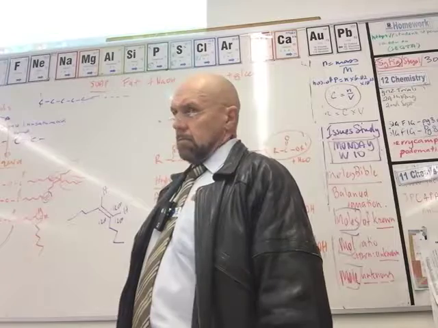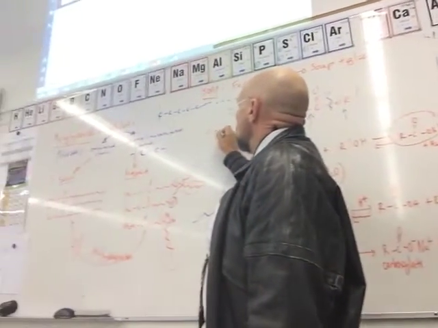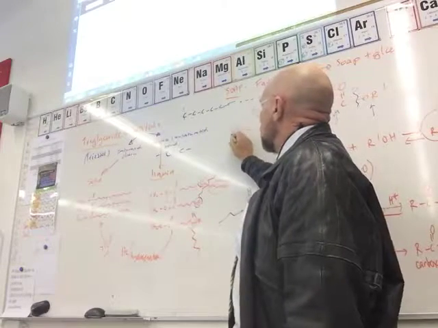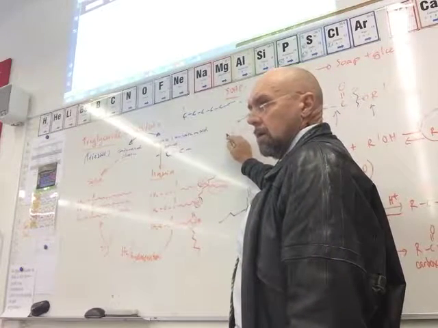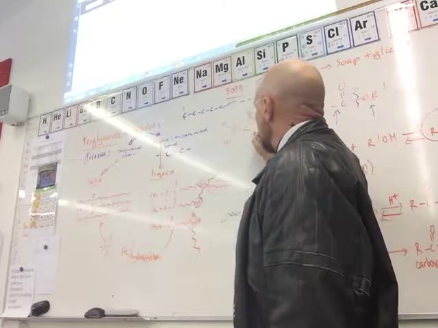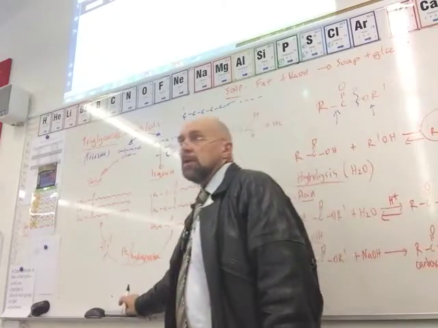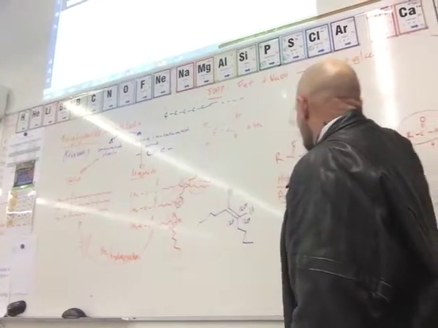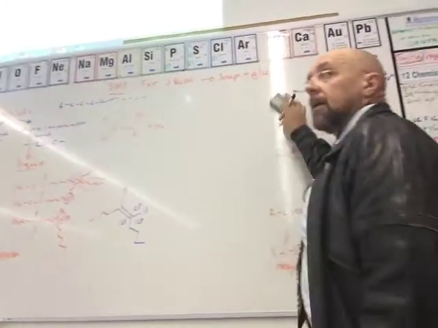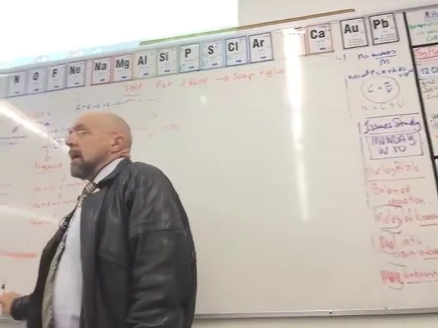Everybody got that? Okay. So all we're doing is an addition reaction, and we've touched on this before. If I add hydrogen to a double bond, and we'll talk about testing in a minute. How do I test how saturated or unsaturated the margarine is?